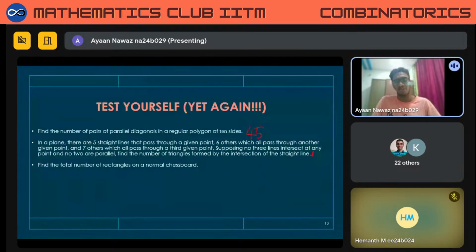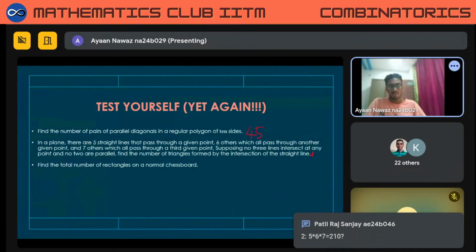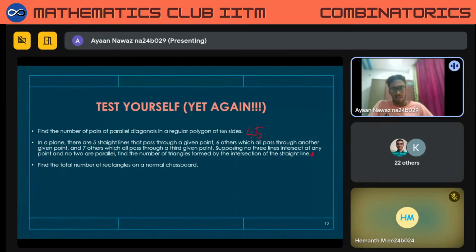You can put your answer in the chat for the second one as well. People who have not solved the third one, you can solve it and try putting an answer. It's okay if you're wrong. The answer for the third one is 1296, like people have already said.